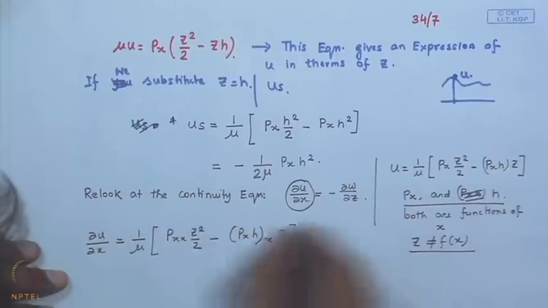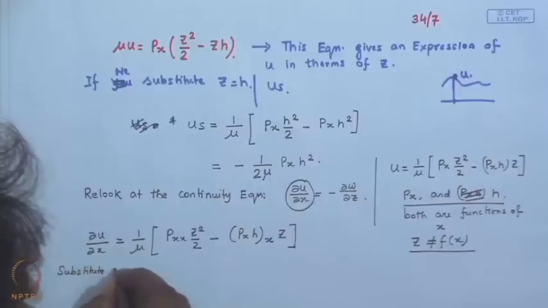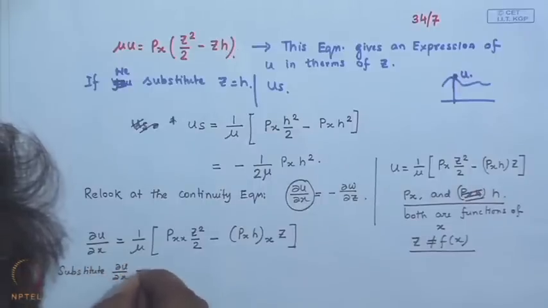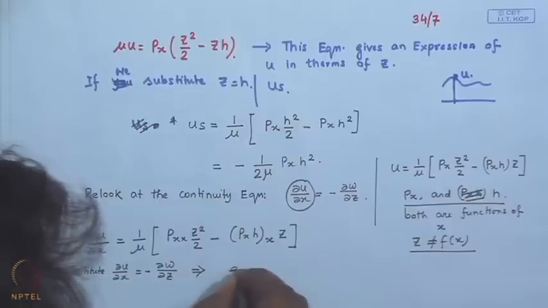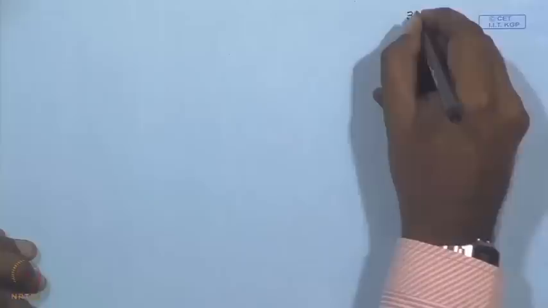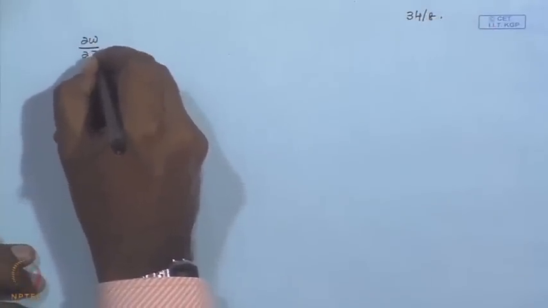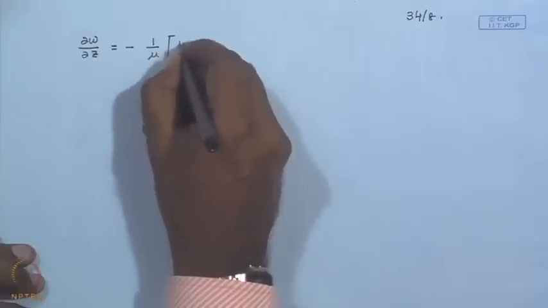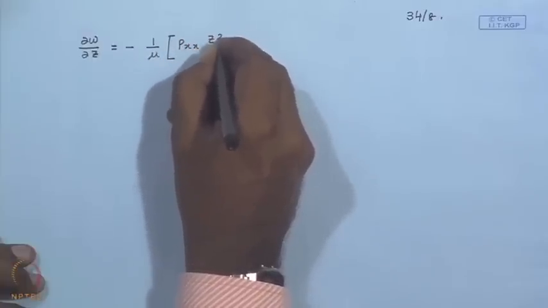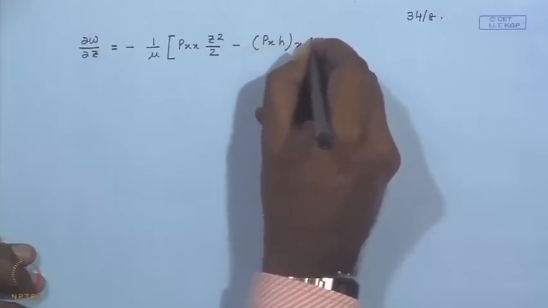So, we do that substitution and we get del w del z is equal to minus 1 by mu into pxx z square by 2 minus px h x z.